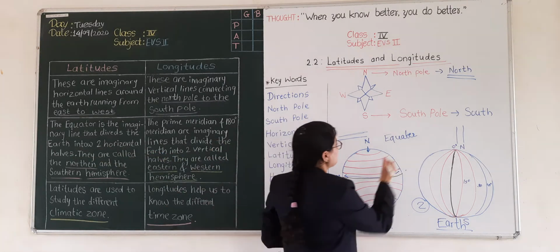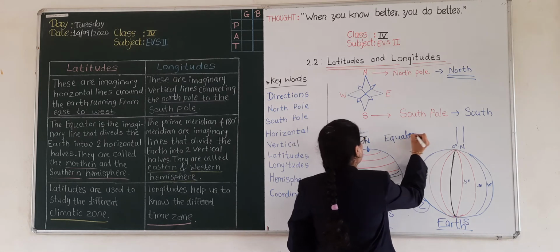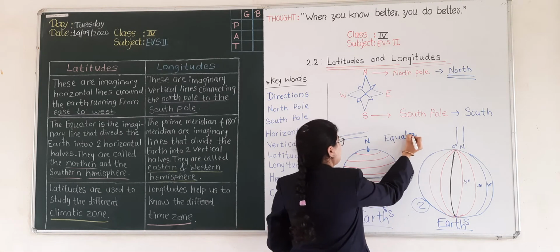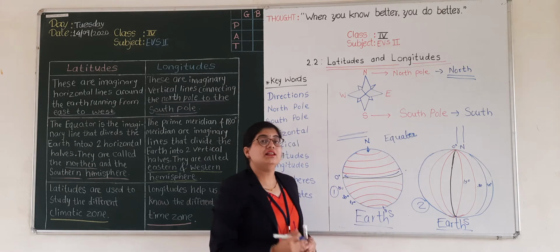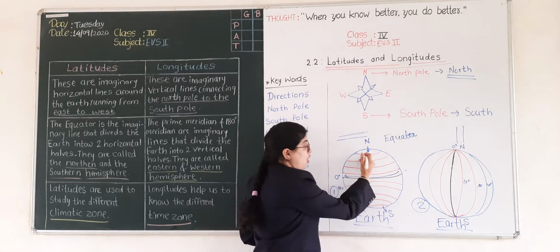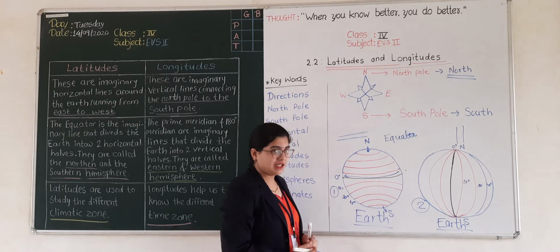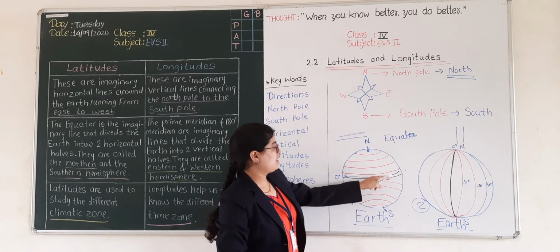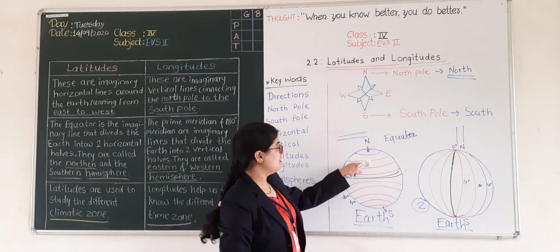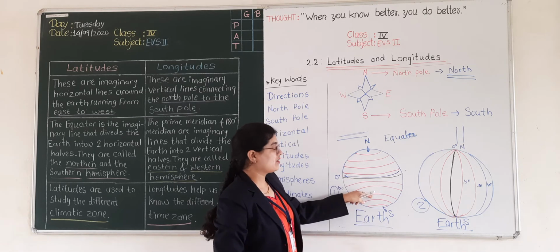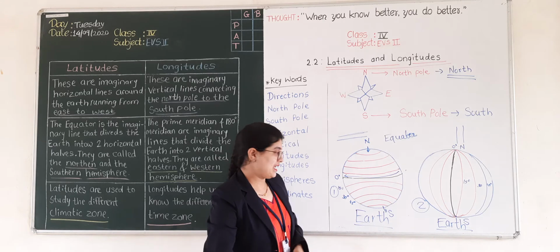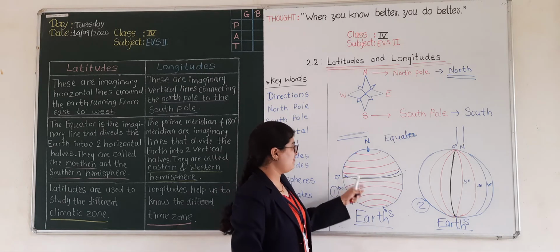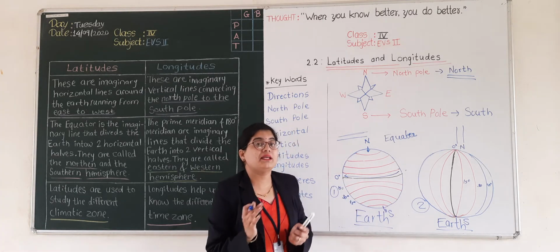Now what does this equator do? Yes, it divides Earth into two equal halves, but horizontally. Understood? And each half is known as a hemisphere.